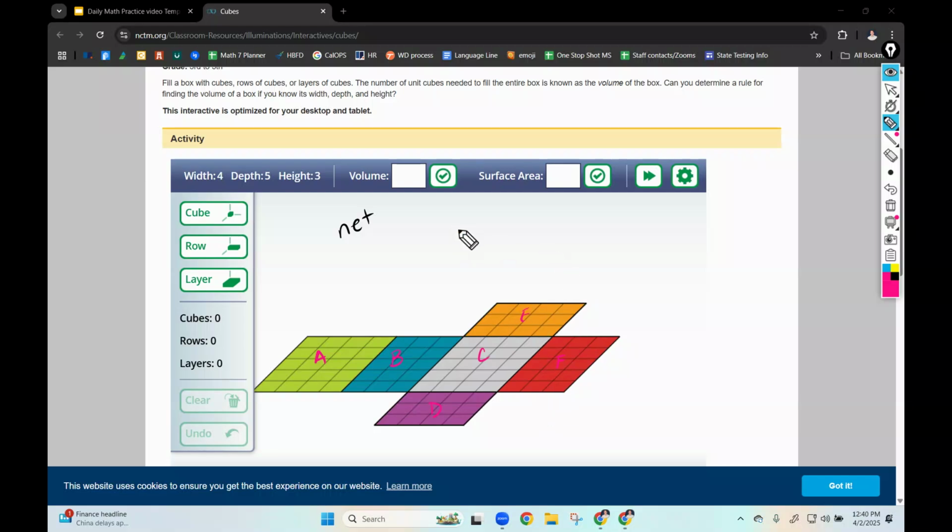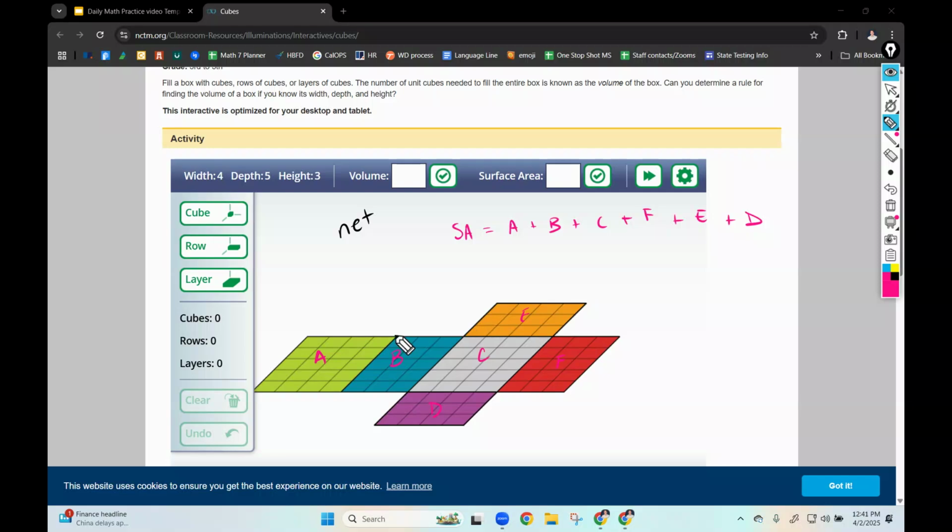So the surface area of this prism is going to be the combination of all of the areas: A plus B plus C plus F plus E plus D. Adding all of those areas together will be the surface area.